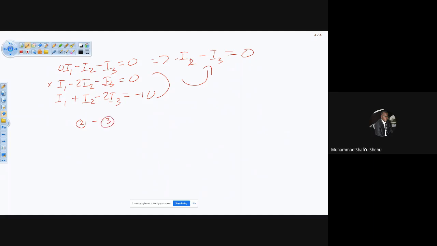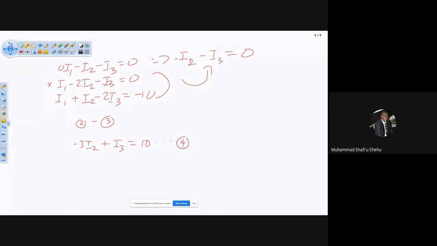And we're going to have minus 2 minus 1, which is minus 3I2, minus 1I3, minus minus is plus, so we have minus 1 plus 2, which is plus 1I3, equal to 0 minus minus 10, which is just 10. So we can call this our equation 4.